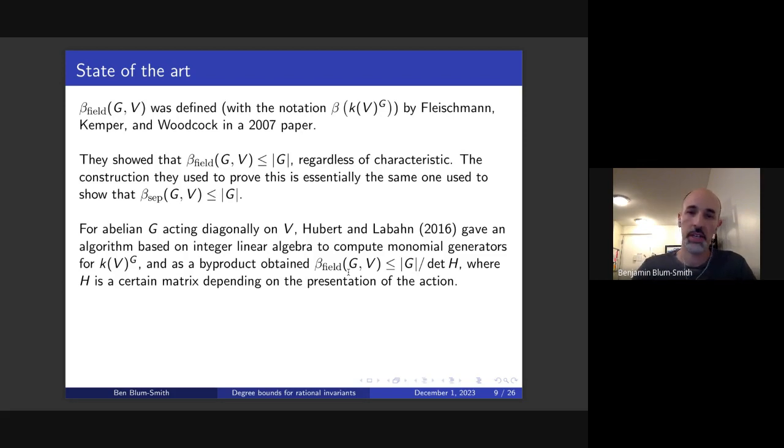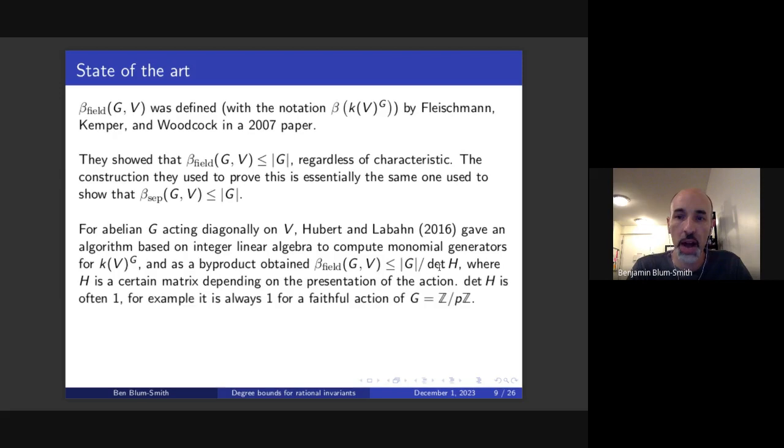And sort of as an aside, they note that they get a bound of order of G divided by a determinant of some matrix that depends on the specific way that the action of G on V is presented. And in practice, that determinant is often 1.